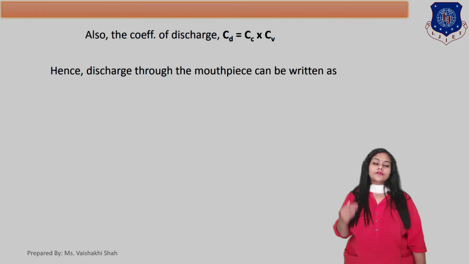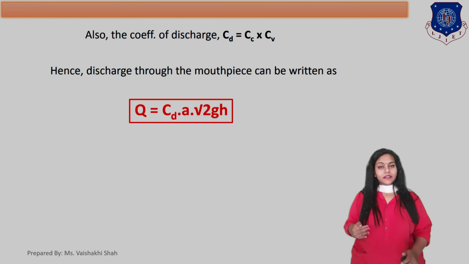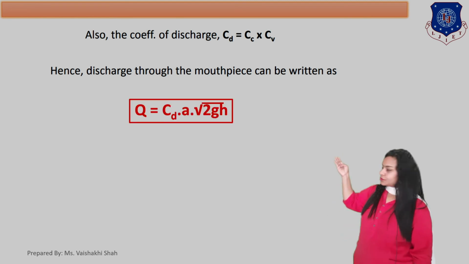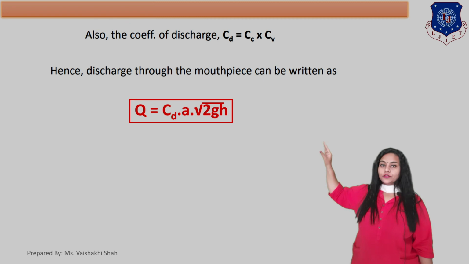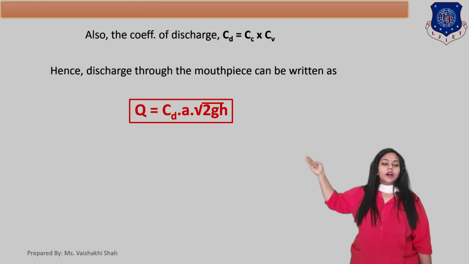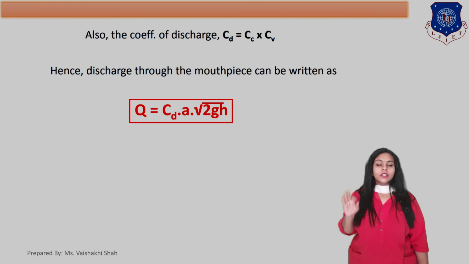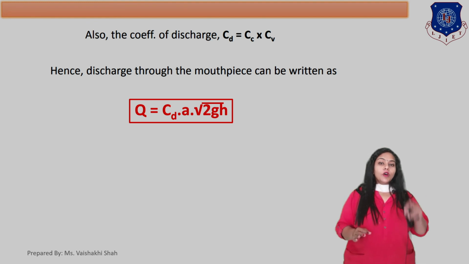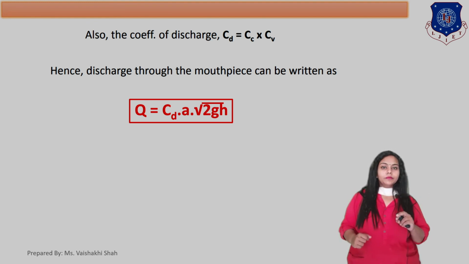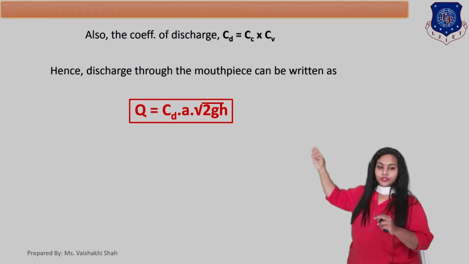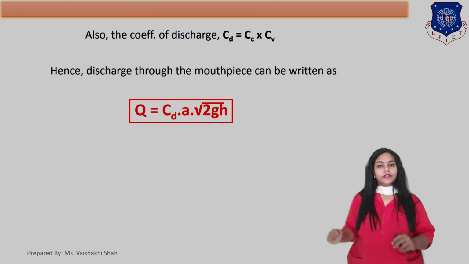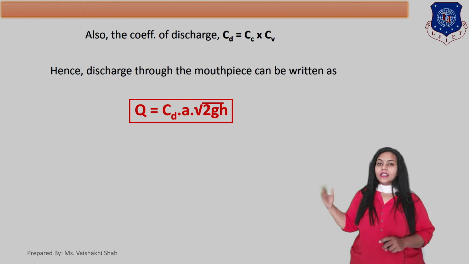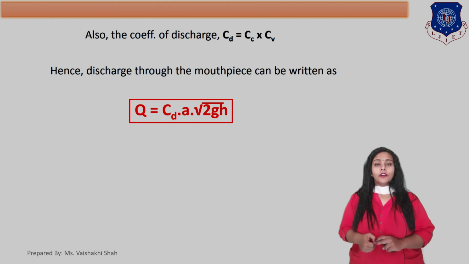So discharge through the mouthpiece can be written as Q equals CD into small a into under root 2gh. Q is your discharge, CD is the coefficient of the external mouthpiece, small a is the area of the mouthpiece, and H is the height of the liquid. So this is the final equation to find the discharge from an external cylindrical mouthpiece.